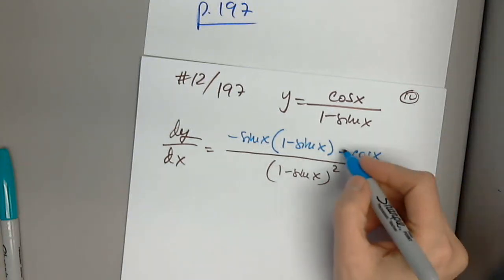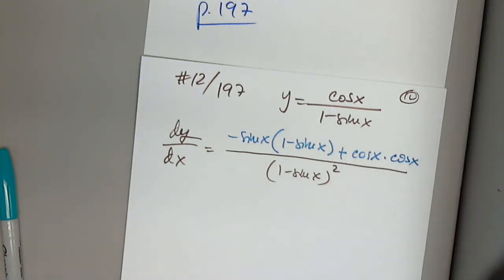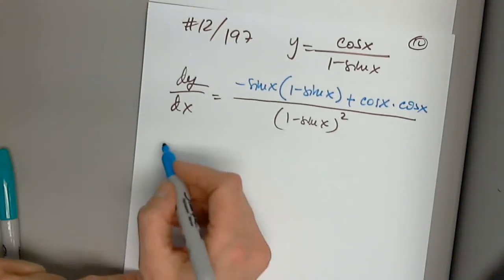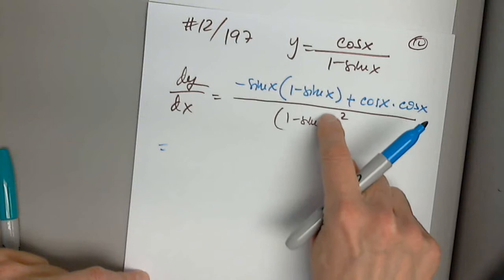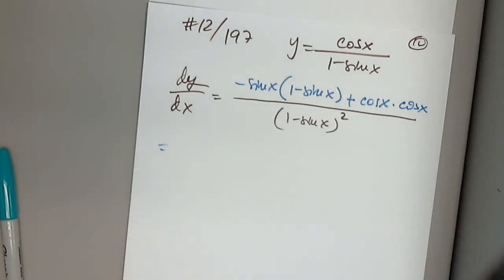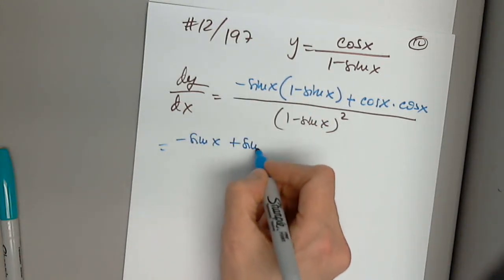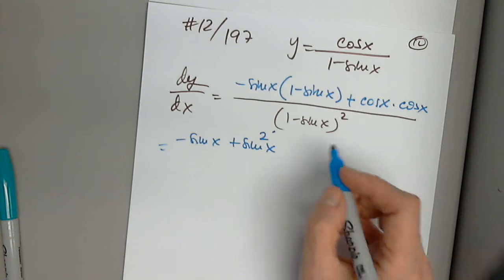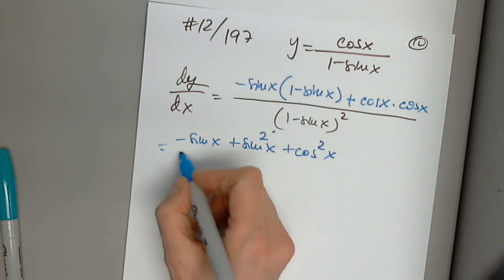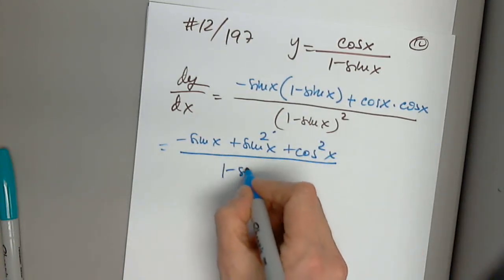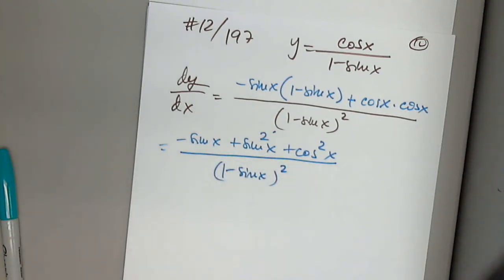So I will put plus times cosine. If you attempt to simplify something like this, that will be a terrible mistake, right? So we distribute now. Negative sine x plus sine squared x plus cosine squared x over 1 minus sine x squared.